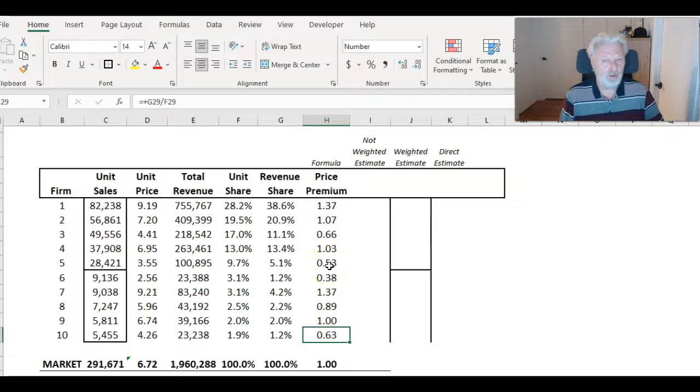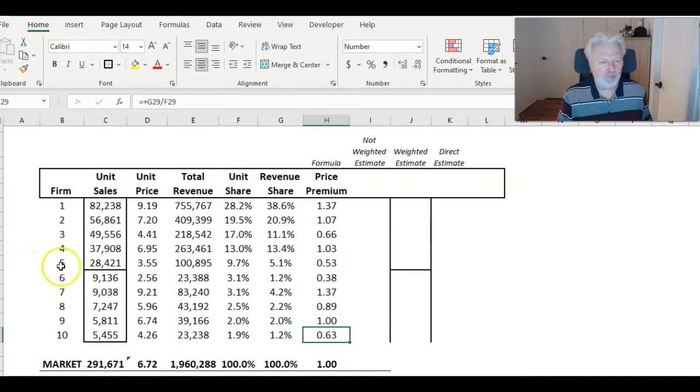Obviously, most companies want to have a price premium. Having to compete on price and having a low price and being a discounter generally is a strategy best avoided unless we have cost advantages. Without a cost leadership position, without underlying cost advantages, it's a bit of a risky strategy.